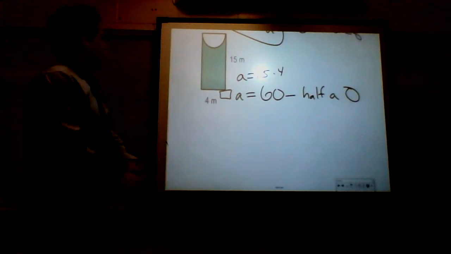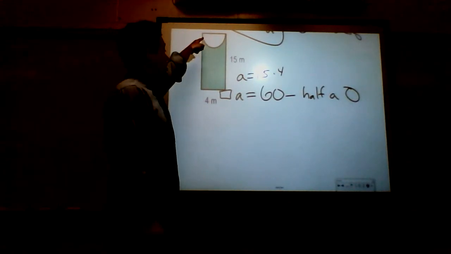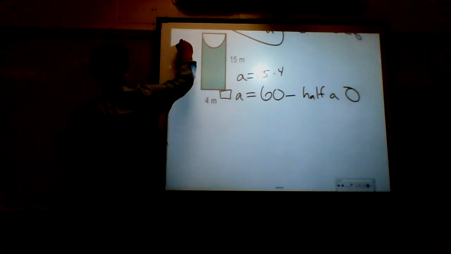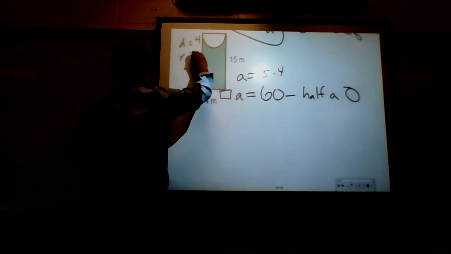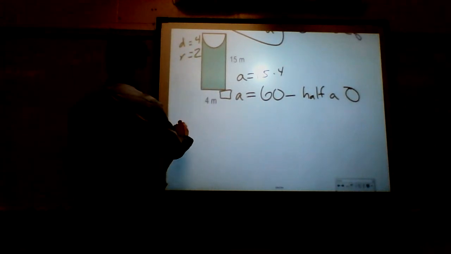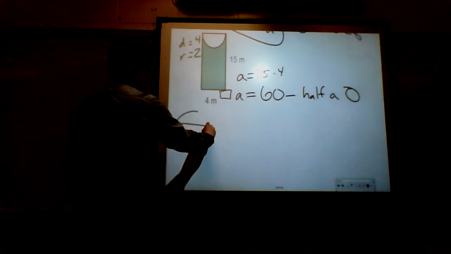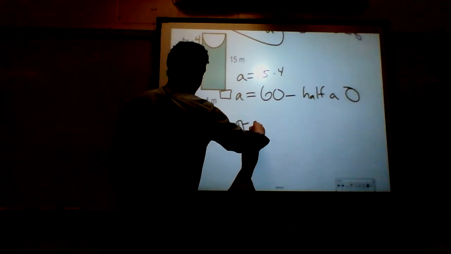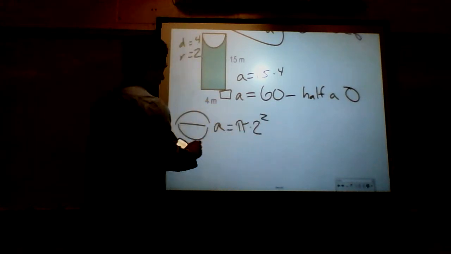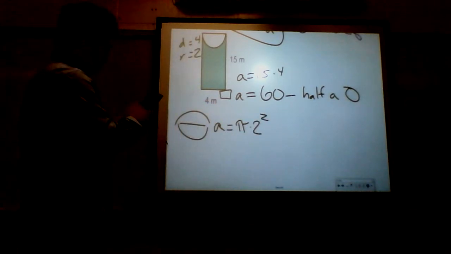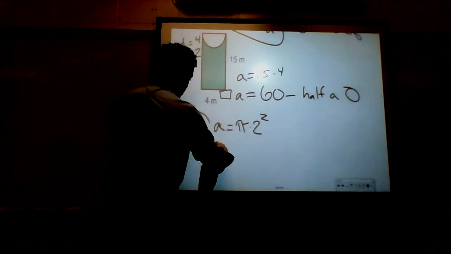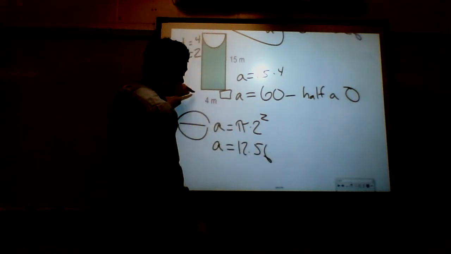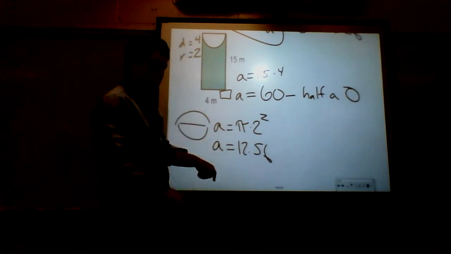Pretty easy. Let's determine what the area of this circle would be. Well, I know the entire thing across would be 4, diameter of 4, radius of 2. So here's my little circle here. To find the area would be pi times radius to the second power. So if this entire circle was full, it would have an area of 12.56.